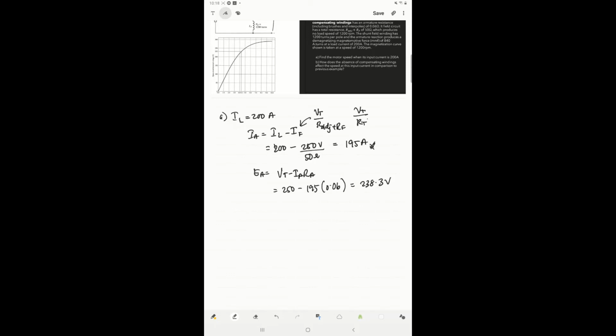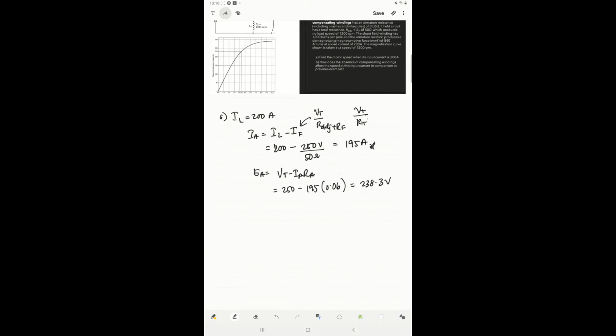Theoretically, we know from the lecture that with the armature reaction you will get a larger speed in comparison with the motor that has no armature reaction, because of the weakening of the flux. So how can that be computed?